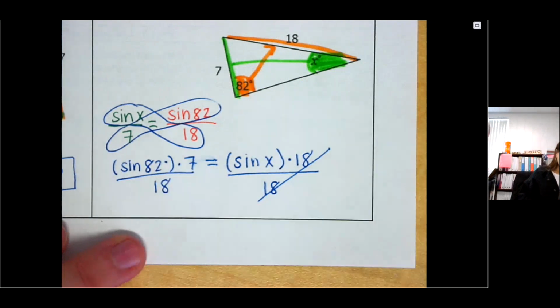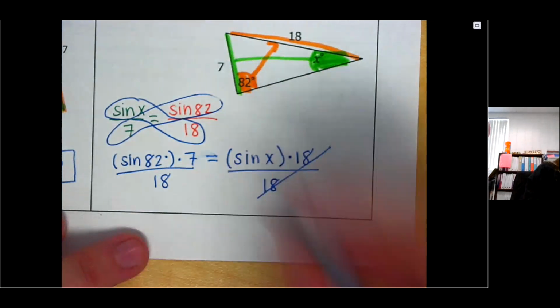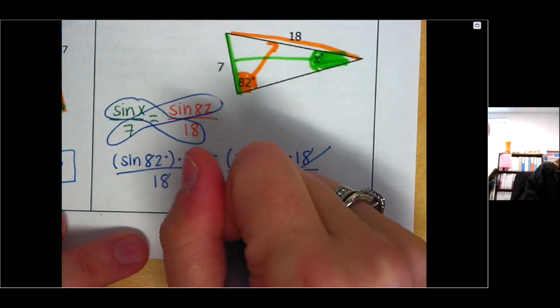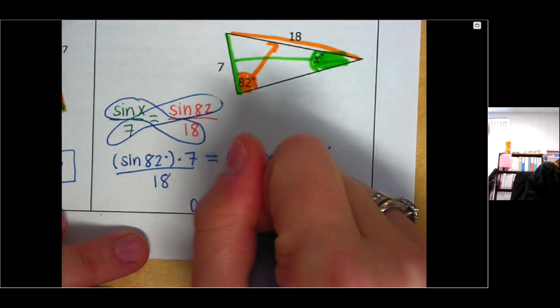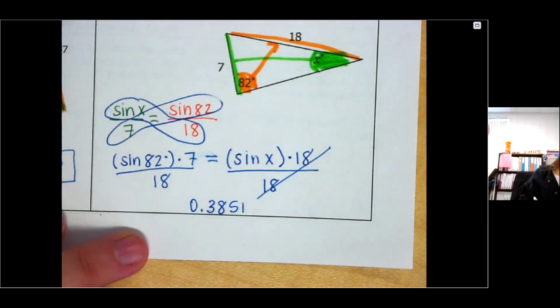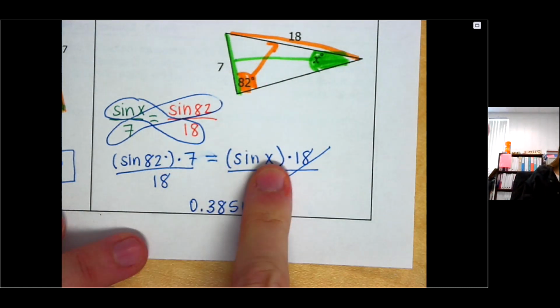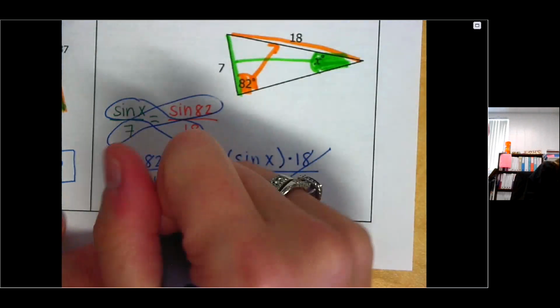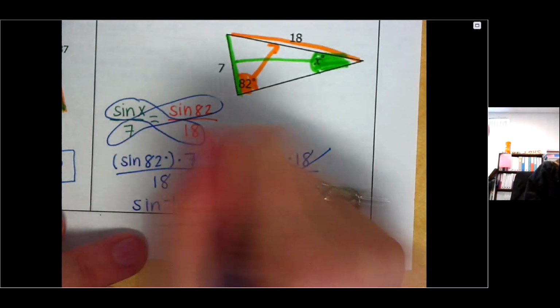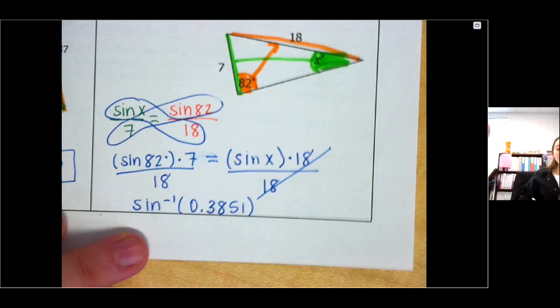I plug the sine of 82 times 7 divided by 18 into my calculator, and I get 0.3851. And because I'm looking for an angle measure, I'm going to now use the inverse sine of that.